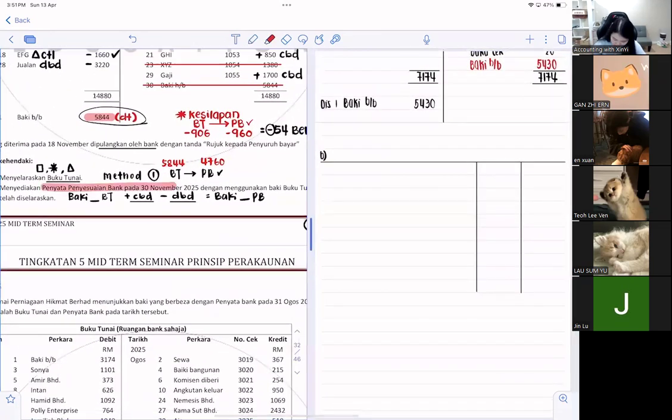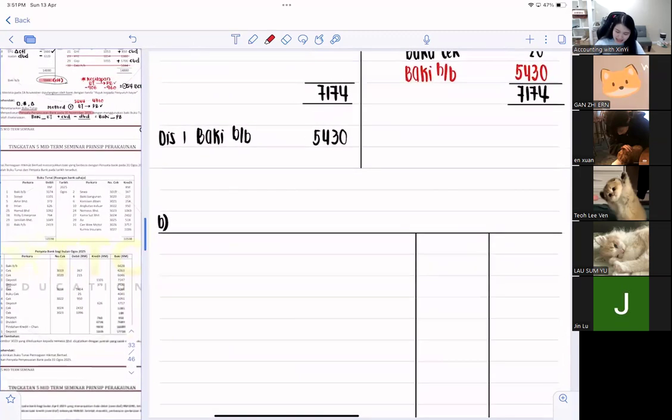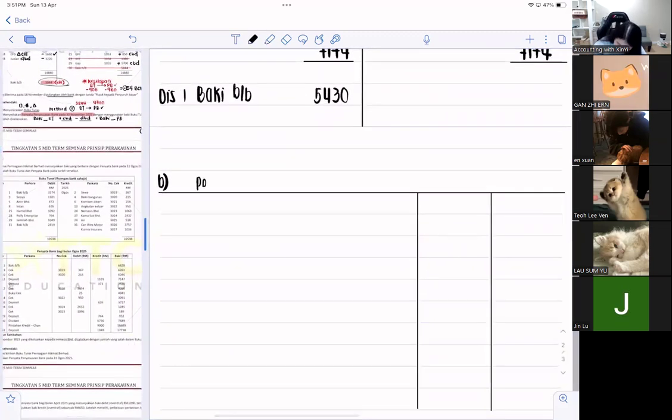Penyata penyesuaian bank pada 30 November 2025. Do not bother writing dengan menggunakan baki buku tunai. No need, okay? So just put the title itself will do. It will be quite short, okay?